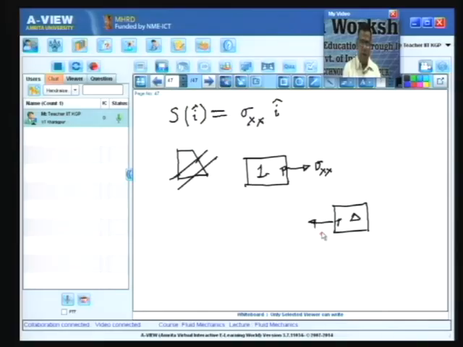So, if the stress on this plane at the point P is in this direction, at the same point P here, it will be in the opposite direction.